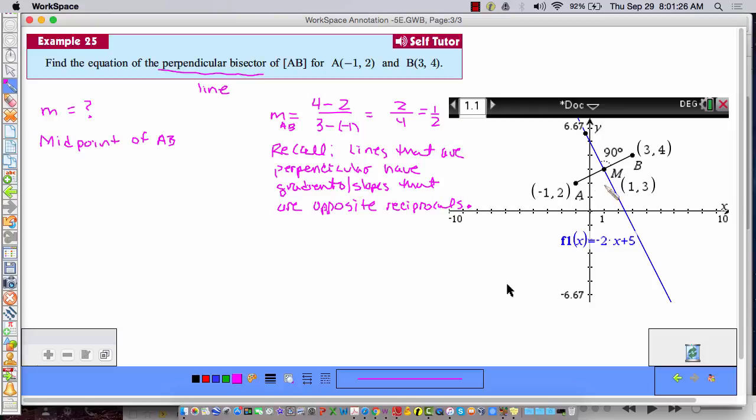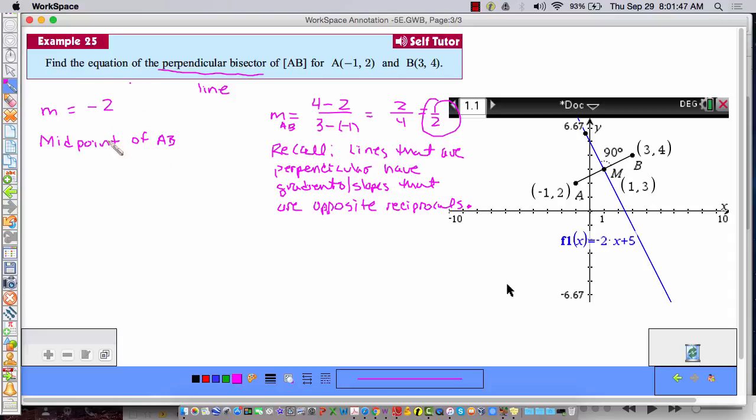The slope of AB is 1/2, so the slope of the perpendicular bisector must be the negative reciprocal of 1/2, which is -2 over 1, or just -2.